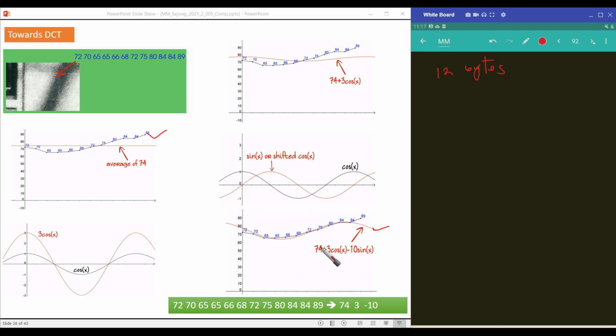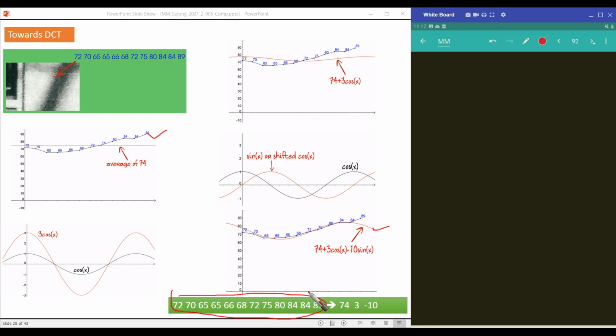So in other words, let's say we had these numbers 72, 70, 65 and up to 89, but now we know that these numbers can basically be represented in terms of some sine and cosine.